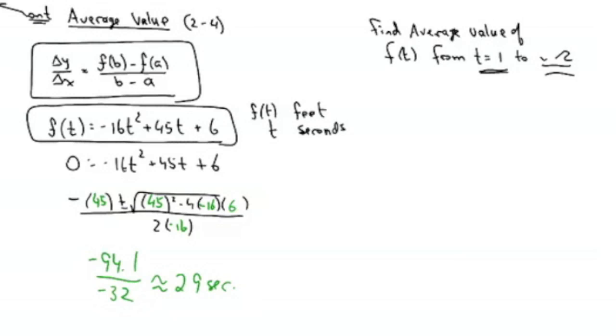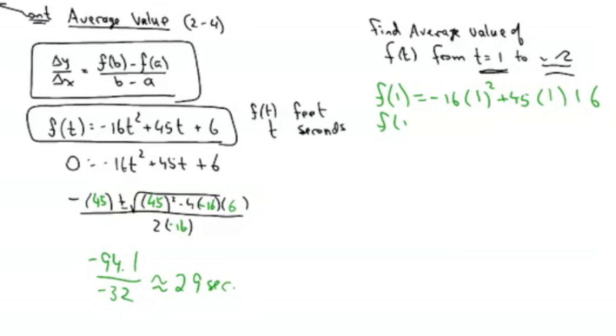So you start off with f of 1. F evaluated at 1 is equal to negative 16 times something squared plus 45 times something plus 6. And inside the parentheses goes 1, whatever's in this one. So you put a 1 there and a 1 there.